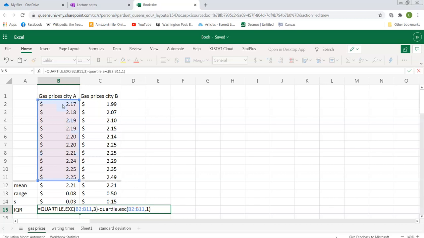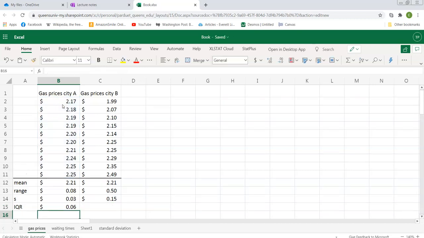And I'm going fast here for the video, but you can pause it, remember. So we get an interquartile range here of 6 cents. And over here, we get 21 cents.